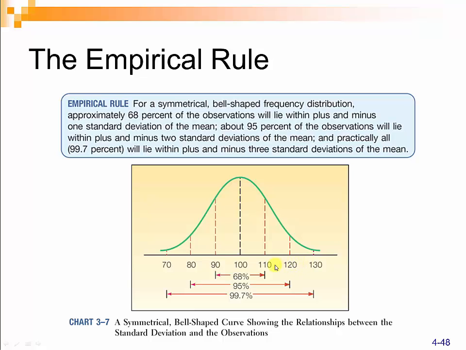We use that information when we're doing our statistical analysis to determine about how much we should expect to see in a certain area. So if we had a normally distributed data set, in other words, it was symmetrical bell-shaped, just the way we see it here, and we saw an observation that was beyond 130, way out here, maybe 200, that would put us somewhere way out in this area here.